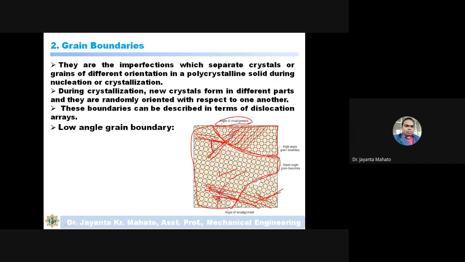Now if this misorientation angle is less than 10 degrees, then it is called a low angle grain boundary. Okay, so when the misalignment is less than 10 degrees, it is called a low angle grain boundary.